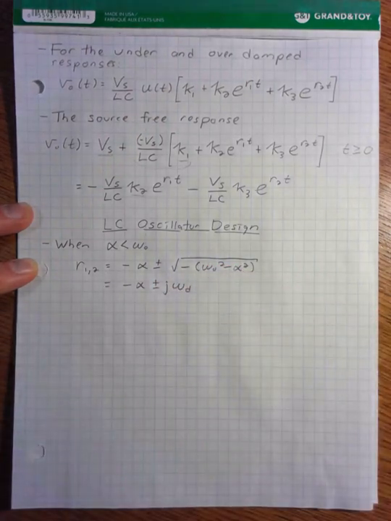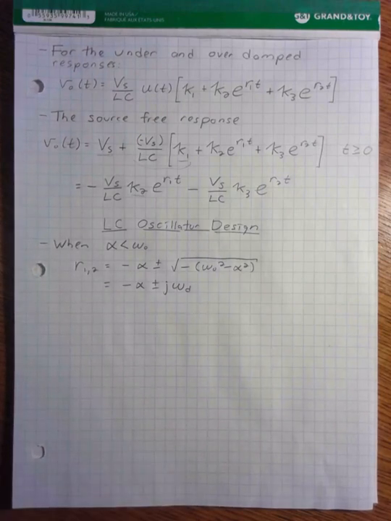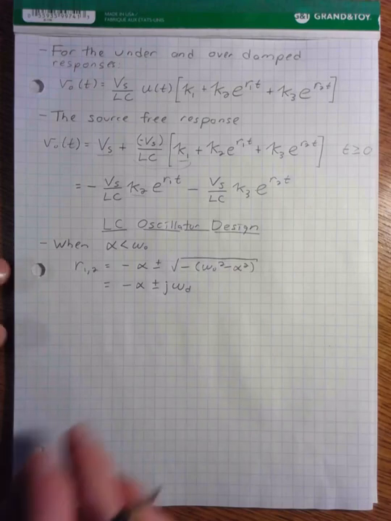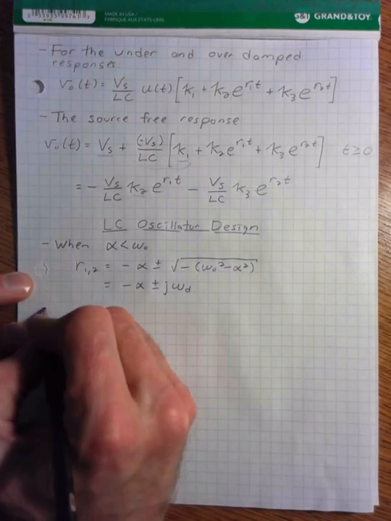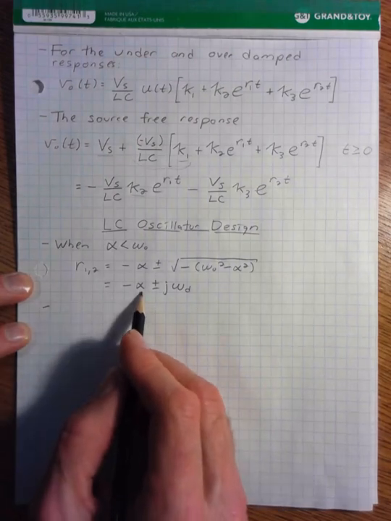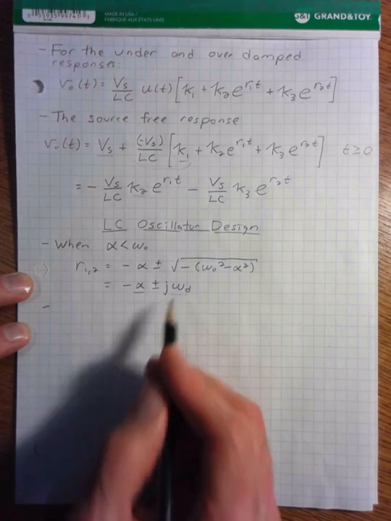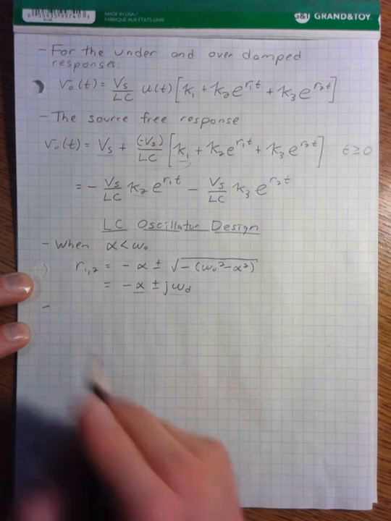And omega d is the damped natural frequency. We went through this a little earlier, but in the underdamped case, we have a complex exponential, and the real part of our root creates the damping, and the imaginary part of the root creates the oscillation.